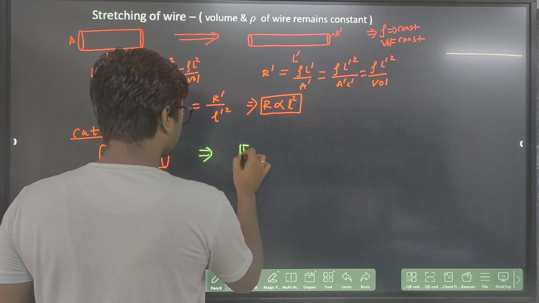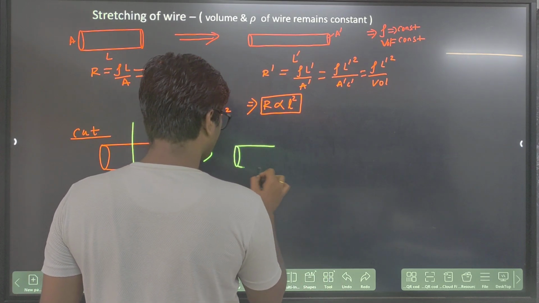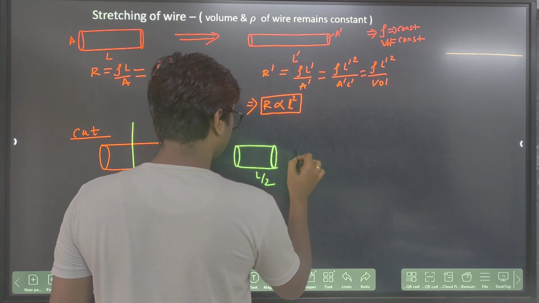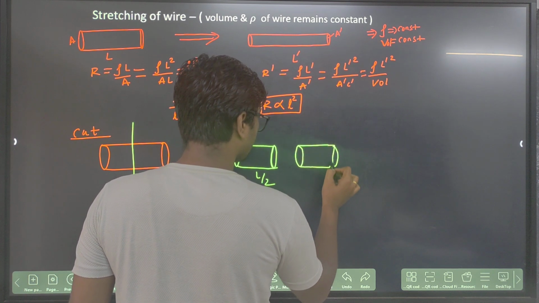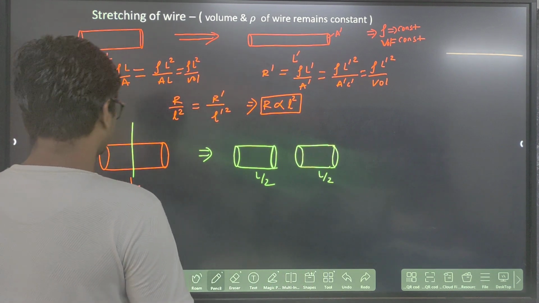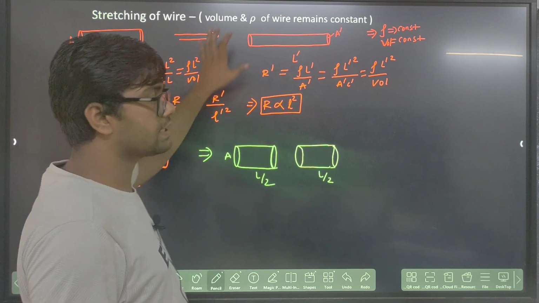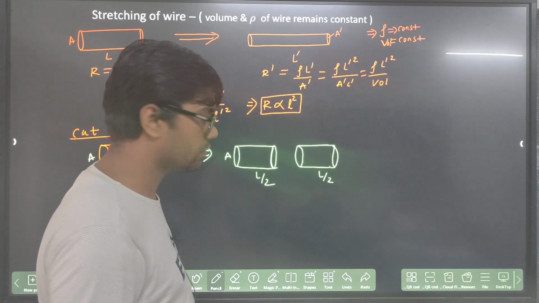Here you will get L by 2 and L by 2, right? Here the area is A. The area is not going to change here; in the stretching case the area changes, but in the cutting case the area is not going to change.